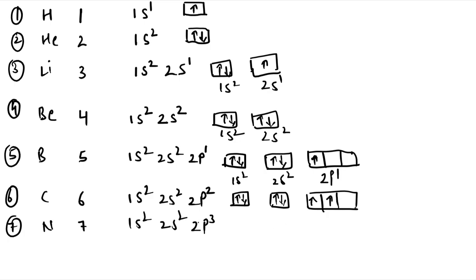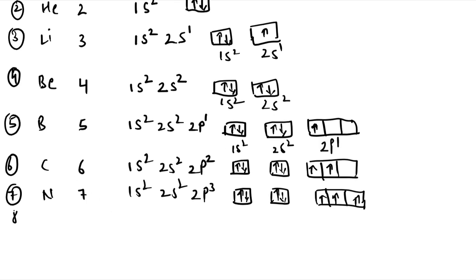According to Hund's rule, first we fill all the p orbitals singly, and then pairing will start.